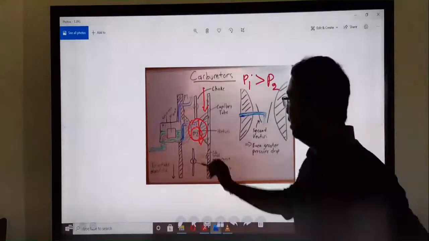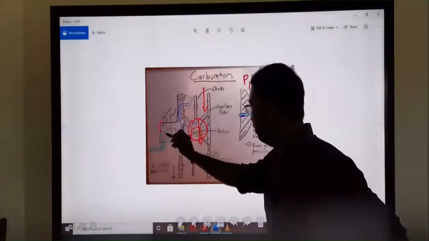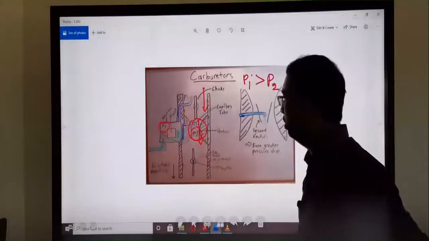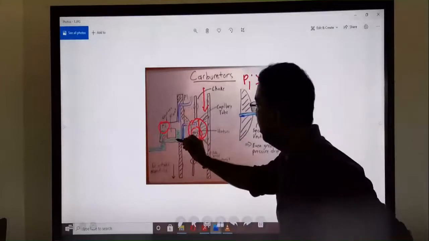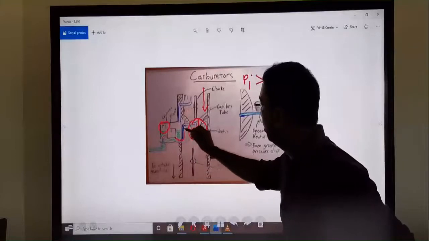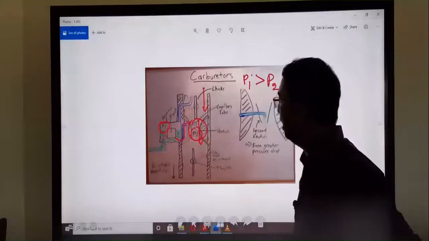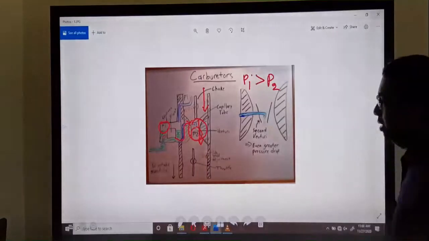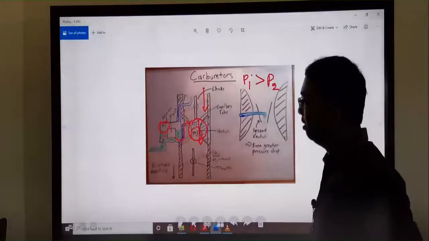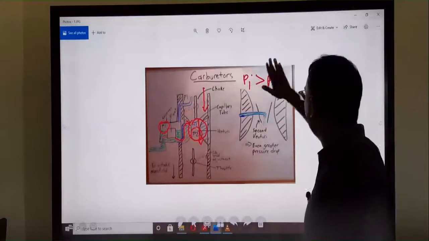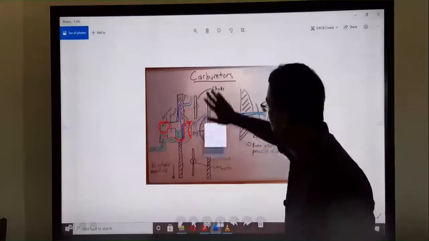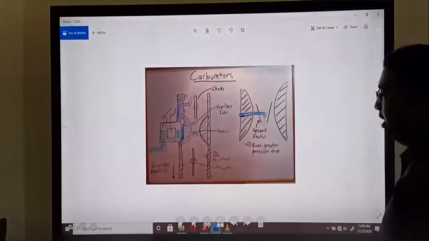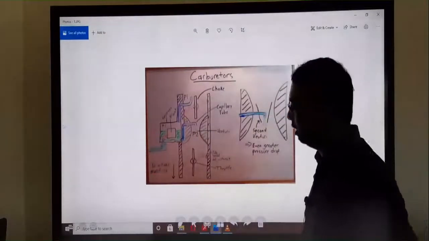So there is a pressure difference between P1 and P2, and the fuel automatically comes to this area from high pressure to low pressure. This is the function of Bernoulli's law, under which most carburetors work.